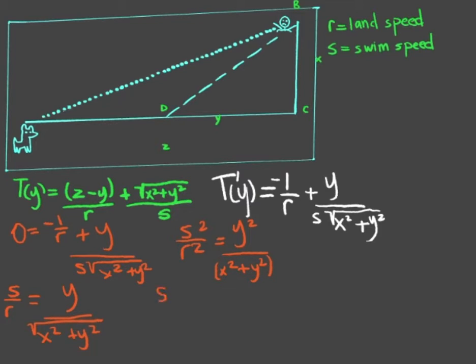Next, we multiply both sides by the quantity x squared plus y squared. Distribute the s squared and then multiply both sides by r squared to get s squared x squared plus s squared y squared equals y squared r squared. Then get the y's together by subtracting s squared y squared.